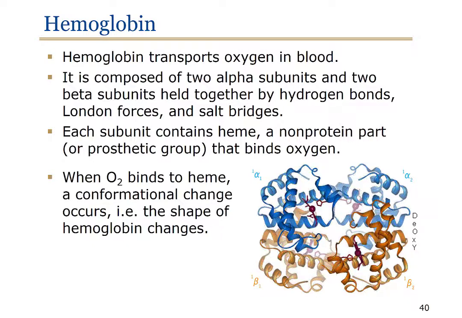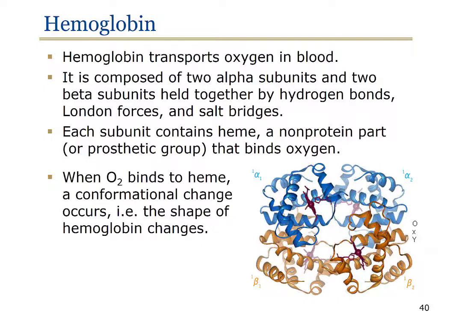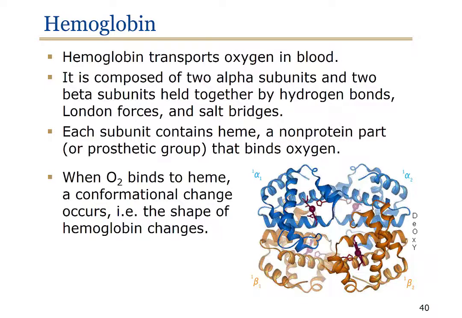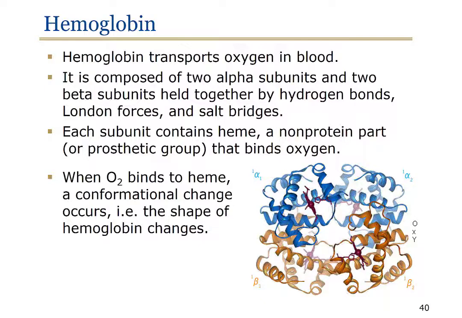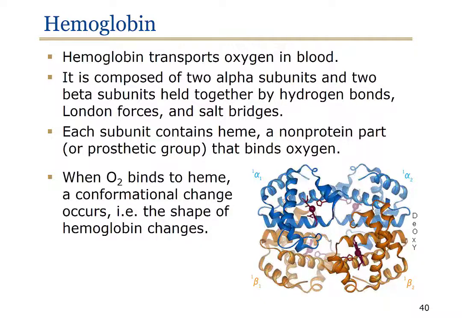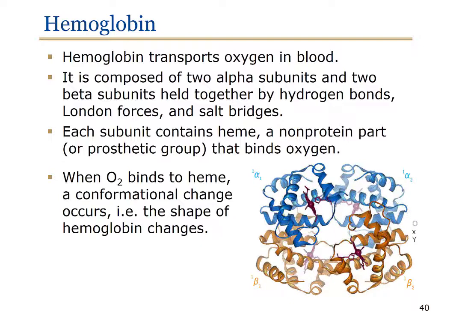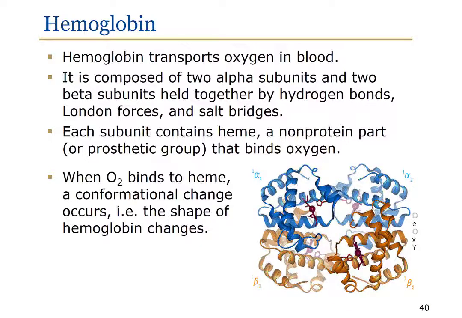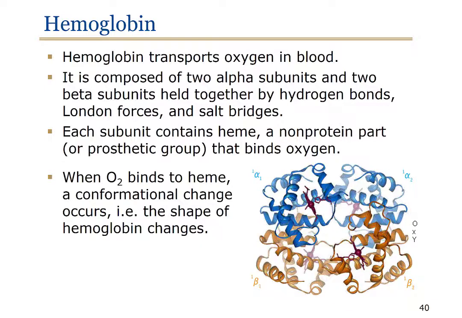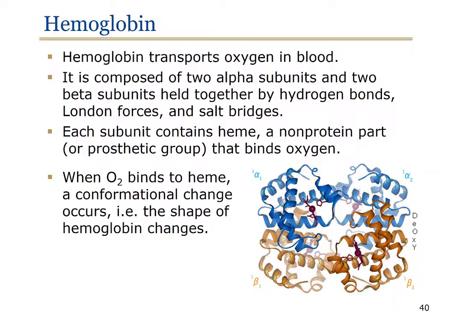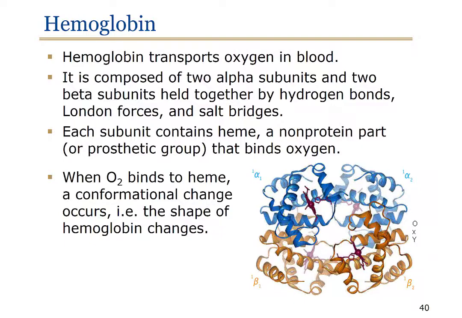And then as it goes to the tissue where the oxygen is needed, as the oxygens fall off, the protein switches to the loosely binding kind, and that ensures that all of the oxygens are actually delivered and not some are being brought back. That would be inefficient if it would not completely unload its oxygen in the tissues.